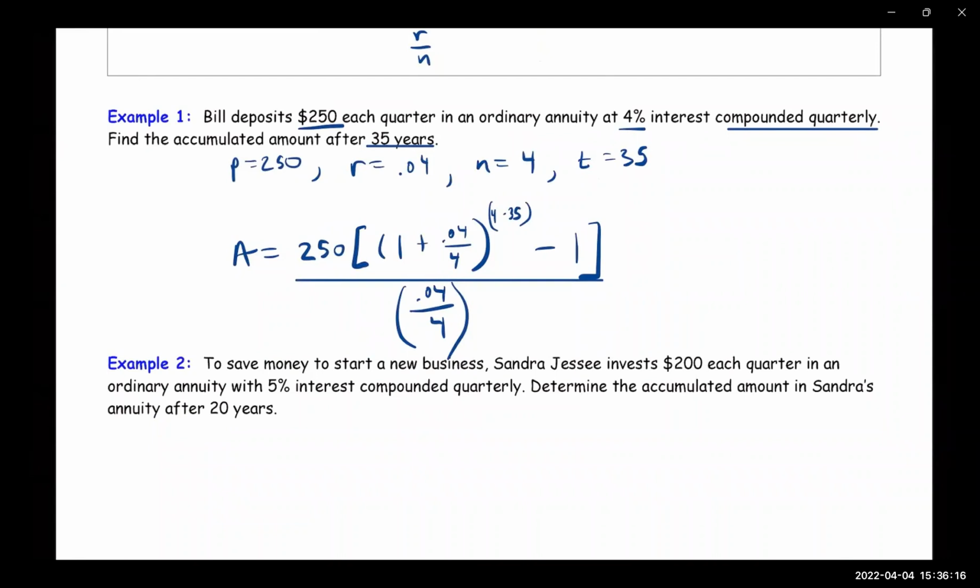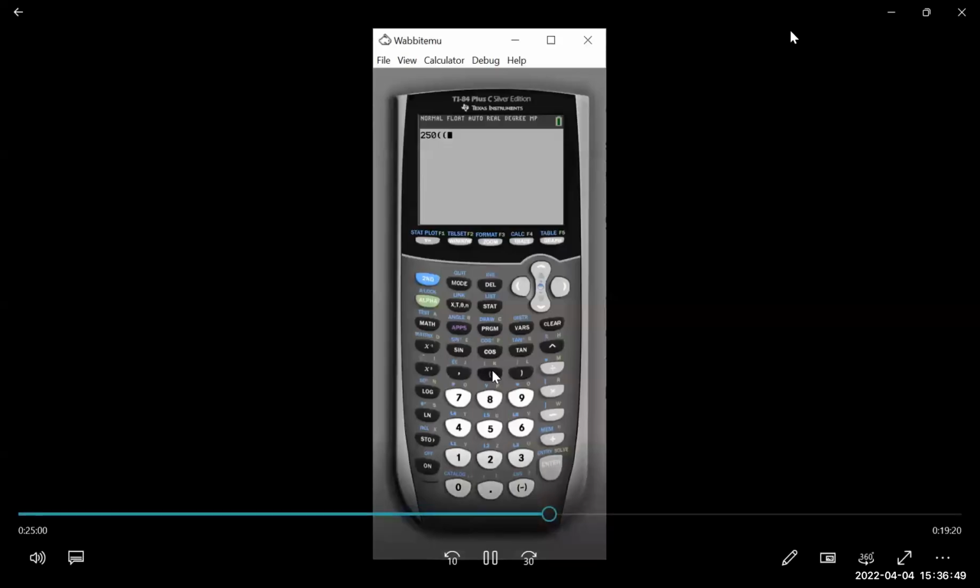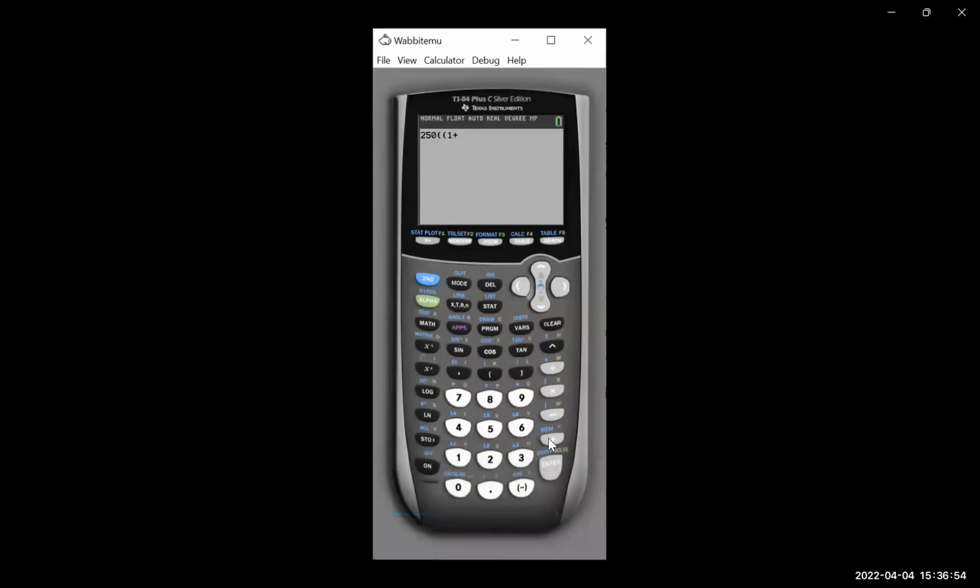The exponent goes before the minus 1. 4 times 35, and then parentheses around it, and another parentheses, because it's a square bracket followed by parentheses. 1 plus 0.04 divided by 4, close parentheses, and then you do the exponent. The exponent comes after the parentheses, and it's going to be 4 times 35, which should be in parentheses as well.